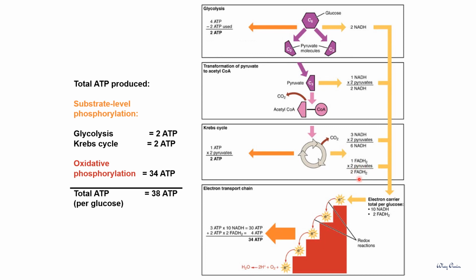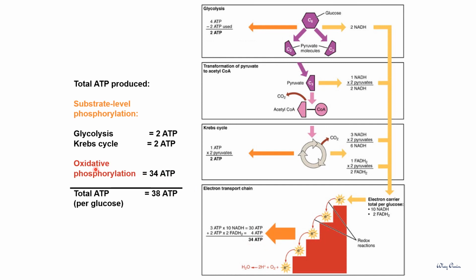And the 2 FADH2 will be involved in the electron transport chain and chemiosmosis, which are the stages that happen in the oxidative phosphorylation, to produce 4 ATP. This is why we have 34 ATP produced via oxidative phosphorylation.